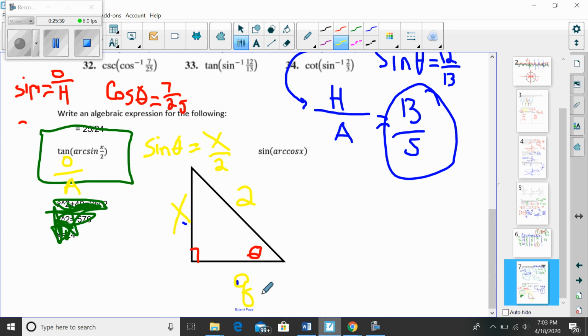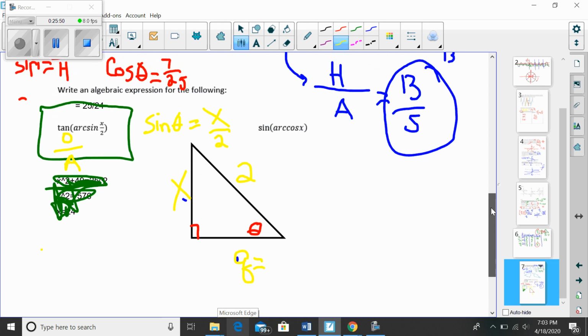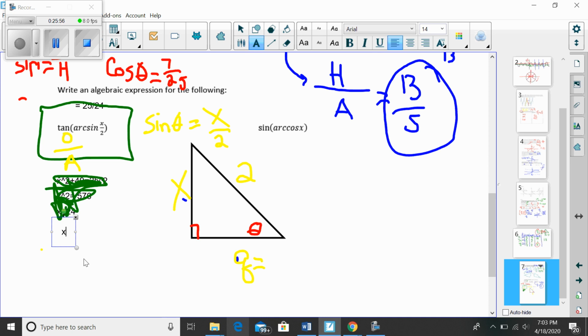According to the Pythagorean theorem, to solve for Q, I'm going to extend my page a little and open another text box and do x squared plus q squared equals 4. I'm solving for q, so q squared is 4 minus x squared.